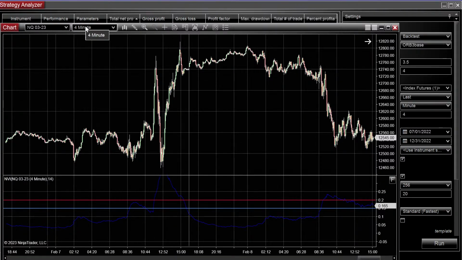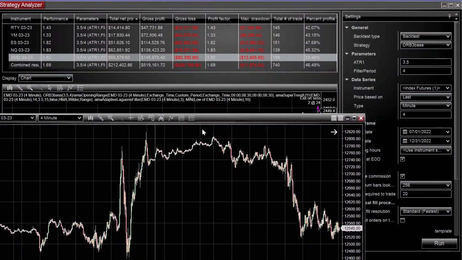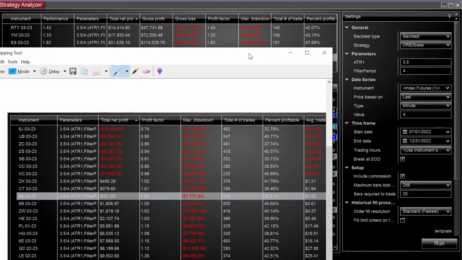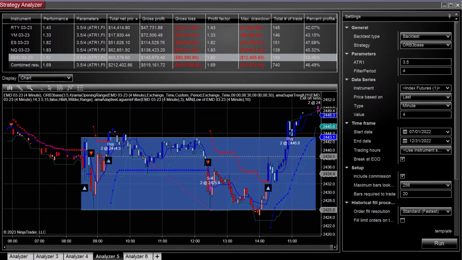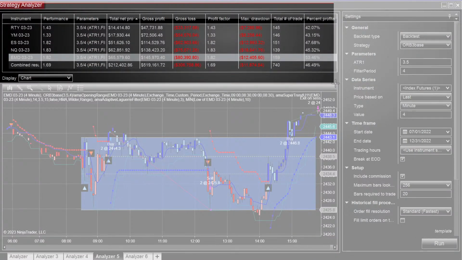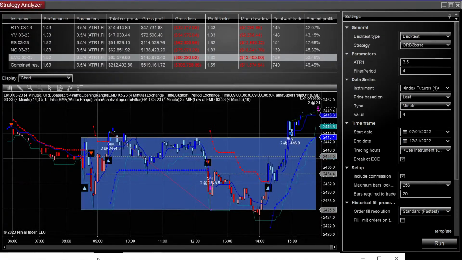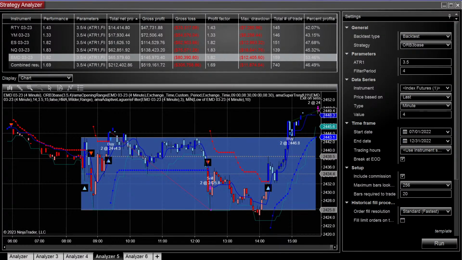But if we moved up to the 10-minute, which is a different time frame, then our thresholds need to be changed. So let's go ahead and screenshot our current mini basket.